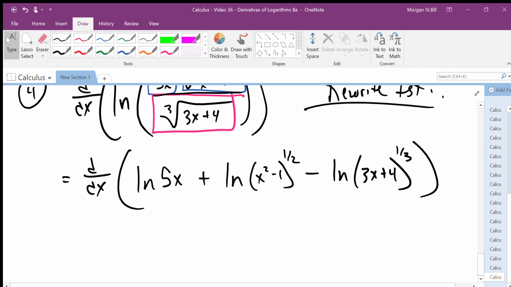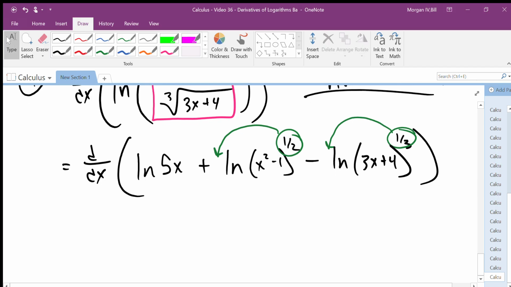Okay, now you could take the derivative right now, but it will be even easier if you'll first take any power here, this 1/2 power and this 1/3 power, and bring them using properties of logarithms out in front of their own logarithm. This will save you a lot of work.